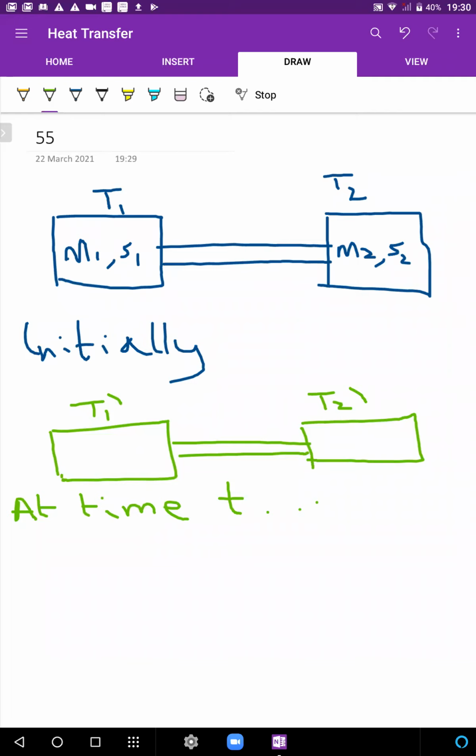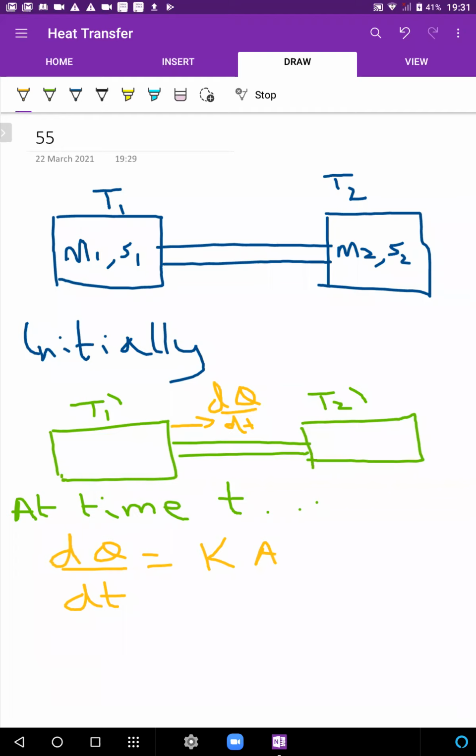Now, what is happening is at this instant, heat is flowing from the hotter body to the colder body. Let's just assume one is hotter. So heat is flowing from the hotter body to the colder body according to the equation K area.